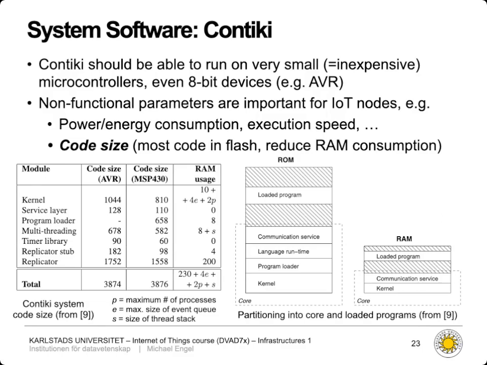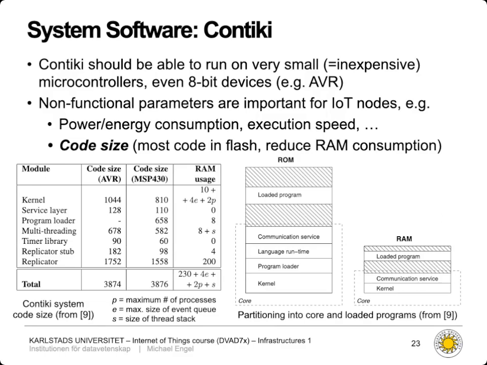Most of the code is in non-volatile memory in flash, but you also want to reduce the consumption of RAM, for example, by storing variables as smaller data types. So storing an 8-bit value in an 8-bit variable instead of a 32-bit variable saves 3/4 of the memory for that variable. If you look at the lower left-hand side here, you see the code size of Contiki is very small.